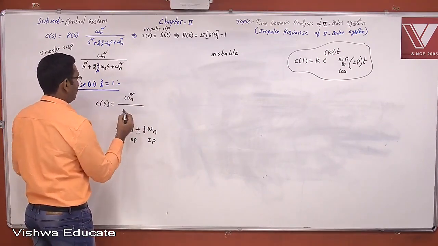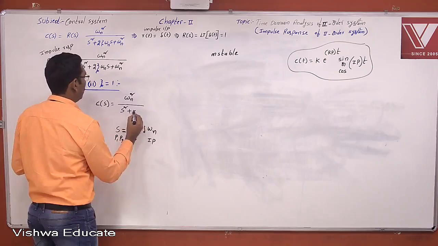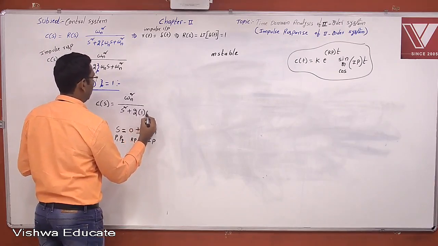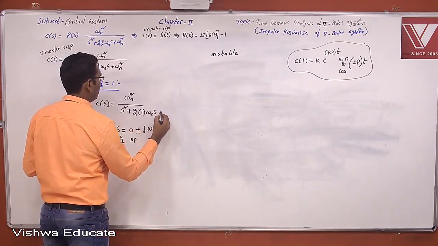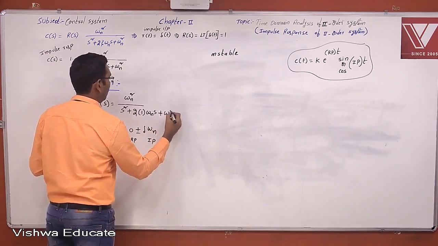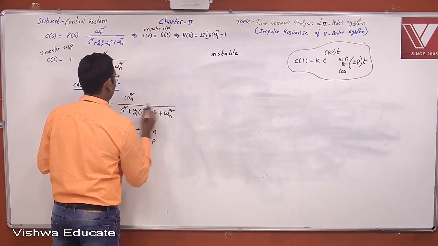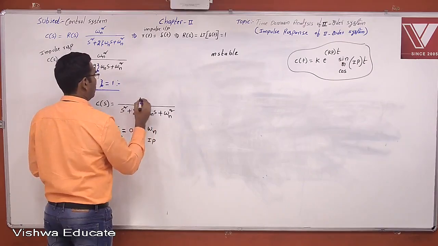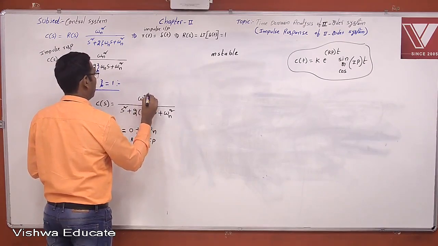The denominator is s square plus 2 zeta omega n s plus omega n square, with zeta equal to 1.